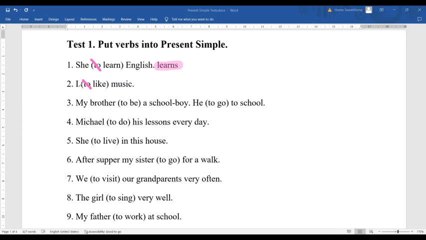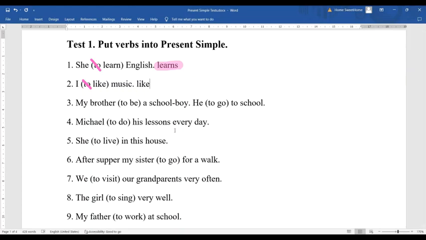So what person is I? First, second, or third? It's first person. So nothing happens really here. Really boring. They stay the same, right? It's just I like music. No changes.